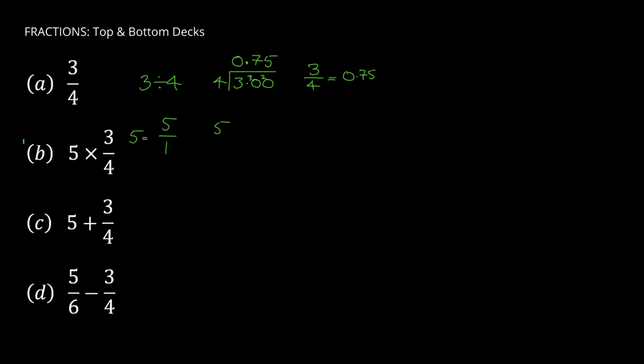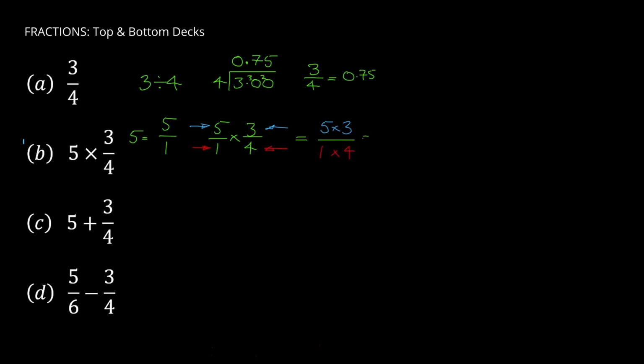We've got 5 over 1 multiplied by 3 over 4. So here's the top deck, and here's the bottom deck. And we treat those sums completely separately. This is 5 multiplied by 3 divided by 1 multiplied by 4.